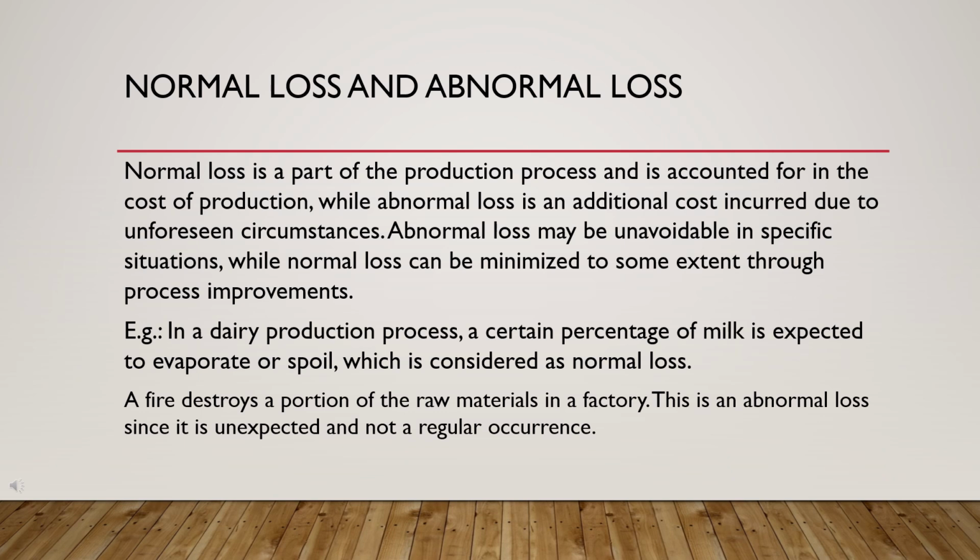Now, for example, in a dairy production process, a certain percentage of milk is expected to evaporate or spoil, which is considered as normal loss. Similarly, a fire destroys a portion of the raw materials in a factory. Now, this is said to be abnormal loss since it is unexpected and it is not a regular occurrence.